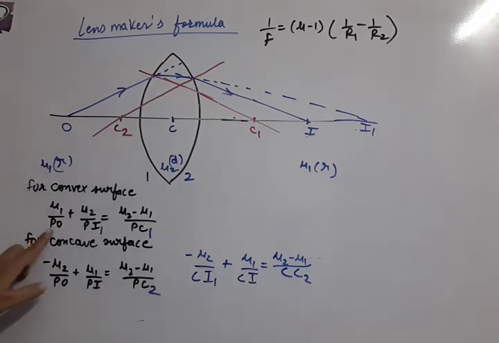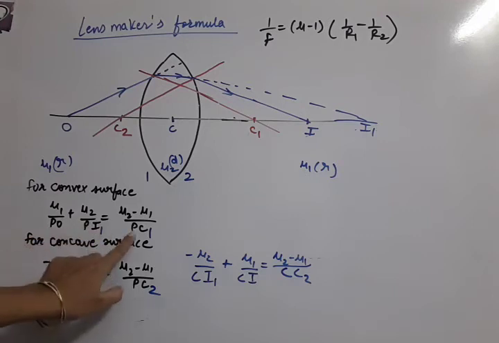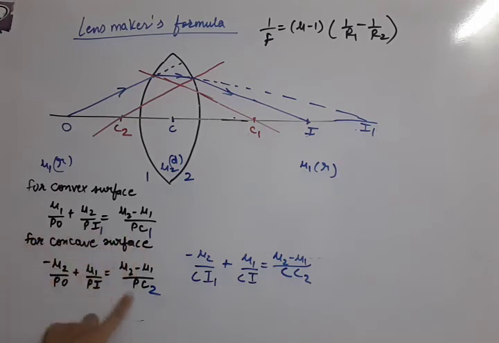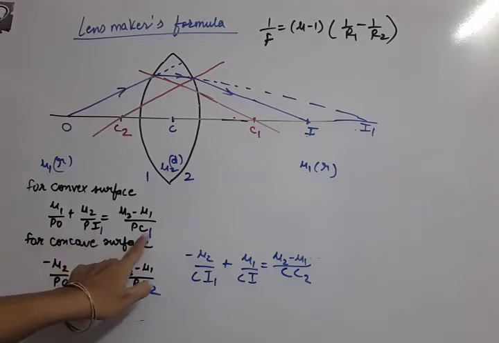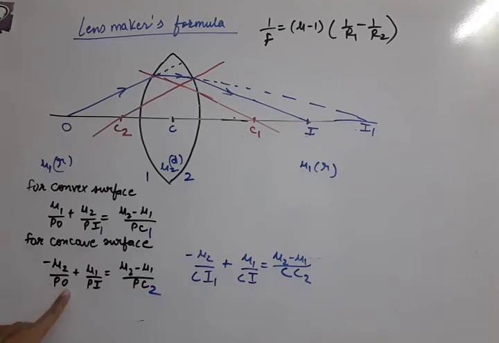So you have to understand these changes. All poles are C. Here the object is O, the image is I1, and PC1 means CC1. Then here the object is I1, the image is I, and PC2 means CC2. So we are writing both the equations.